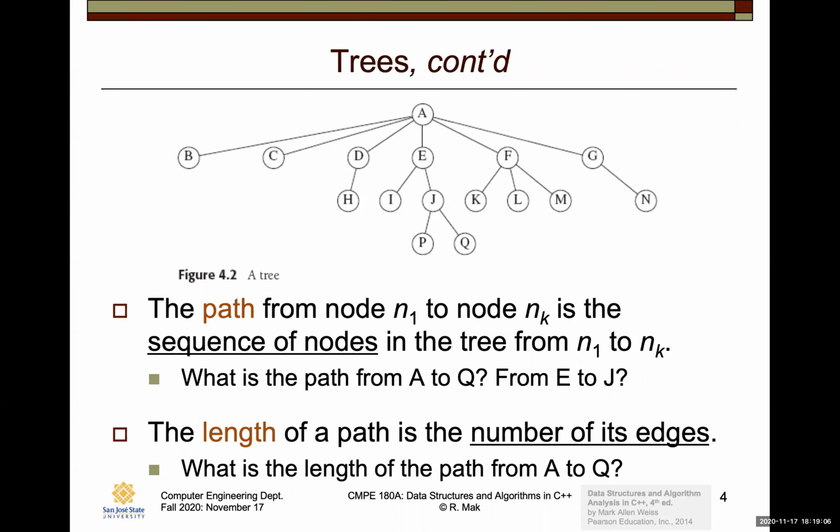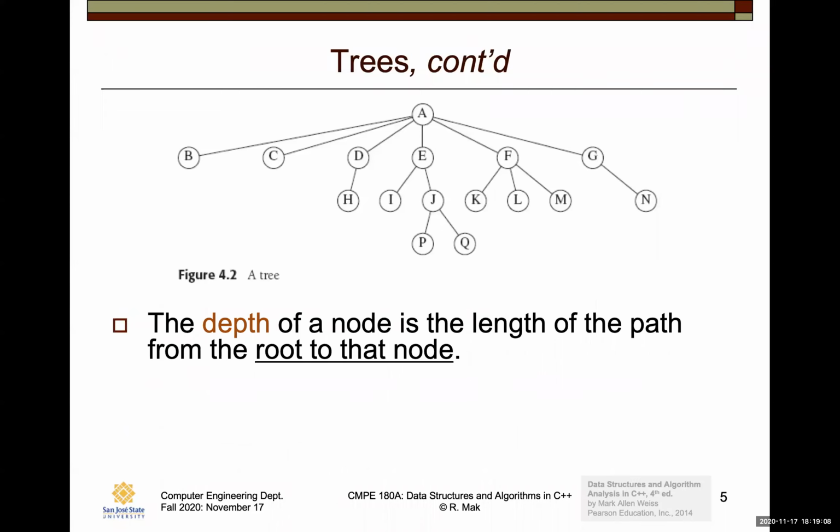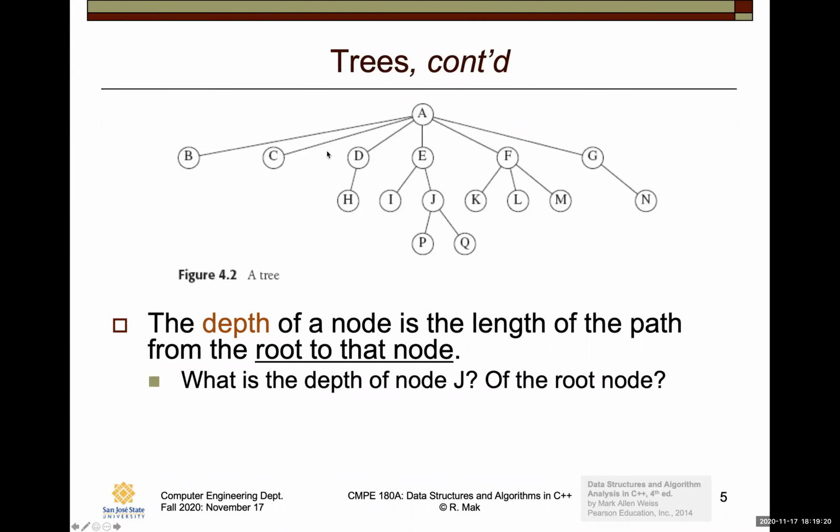And then the depth of a node is the length of the path from the root to that node. So it's basically how deep the node is from the root. What is the depth of node J?